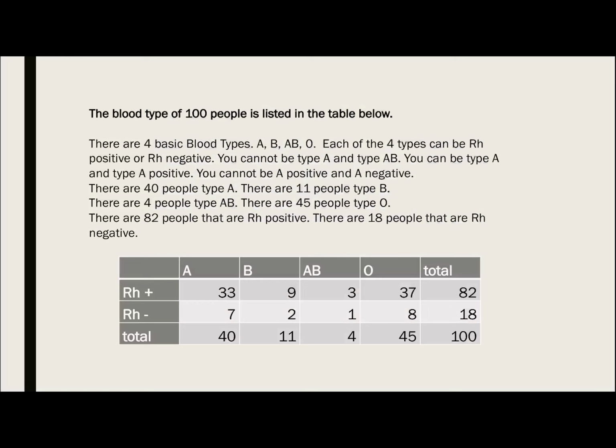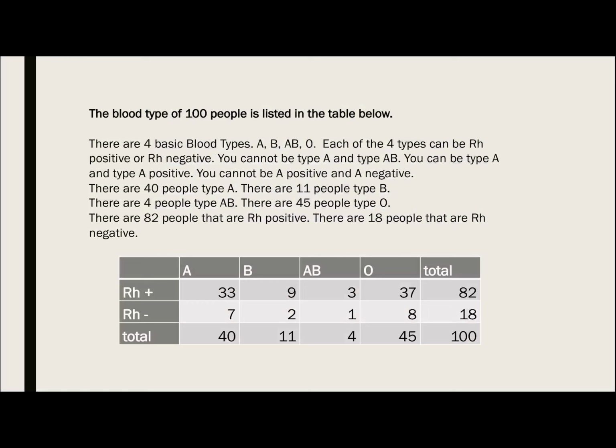Another example, blood types. There are 4 basic blood types, A, B, AB, and O. Each of the 4 types can have an RH factor that's either positive or negative. So if you're type A, you're either type A positive or type A negative. You cannot be A positive and A negative.